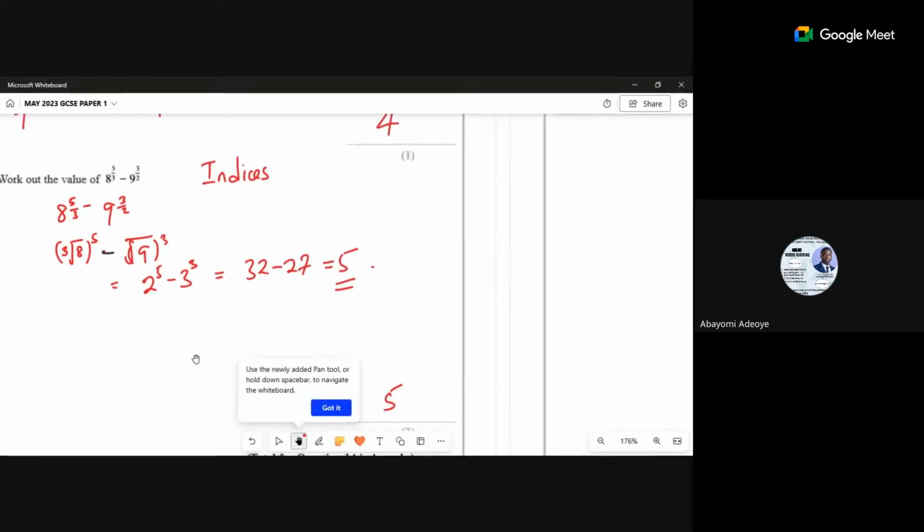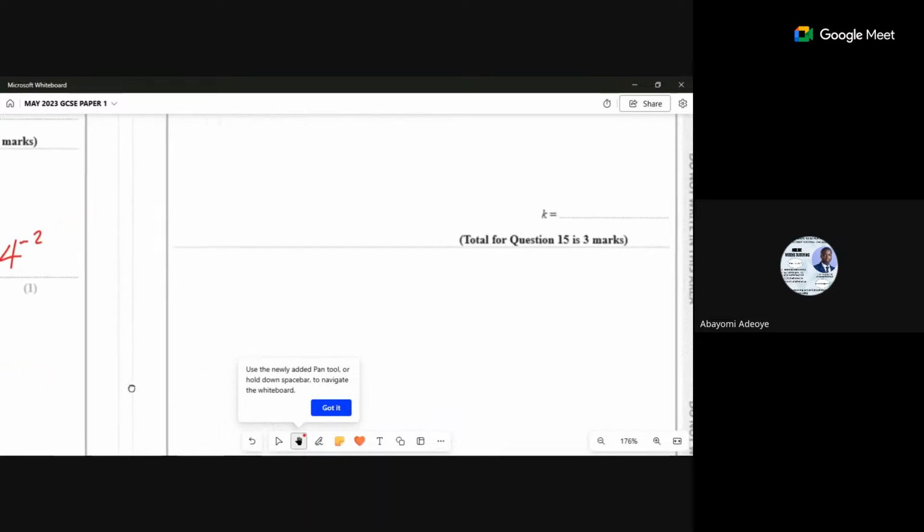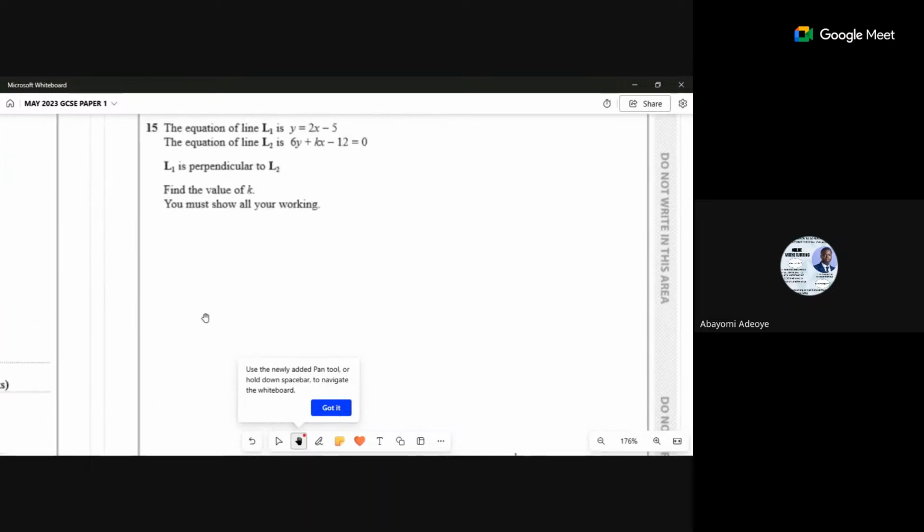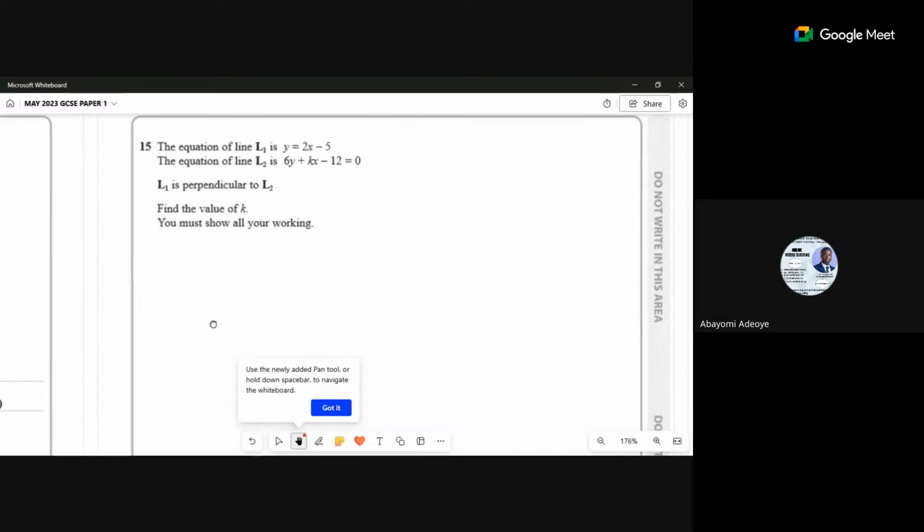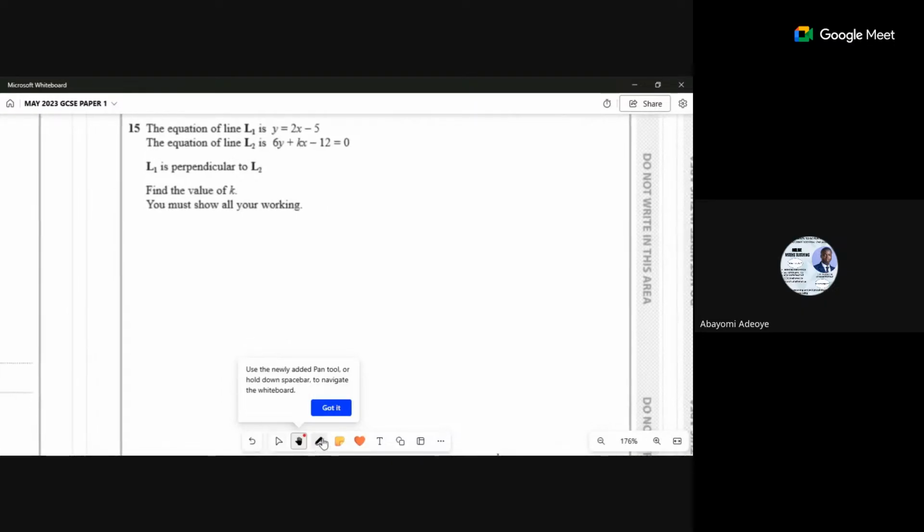So next question. Question number 15. How about this question? Is it the y2 take y1 and all that?